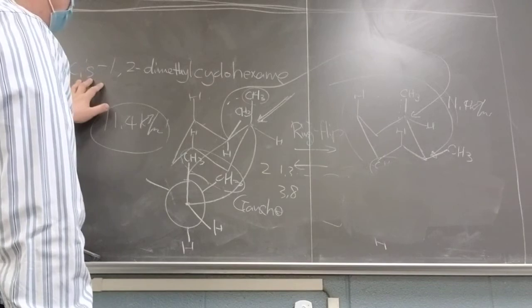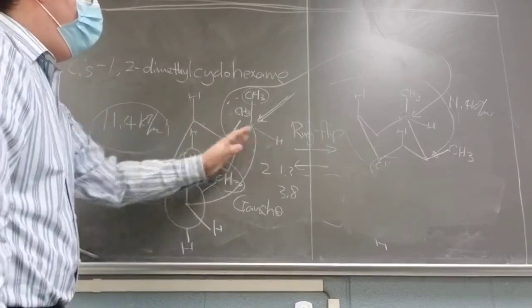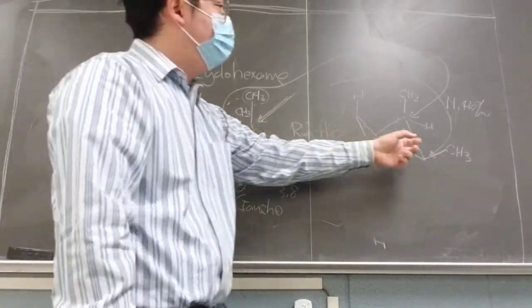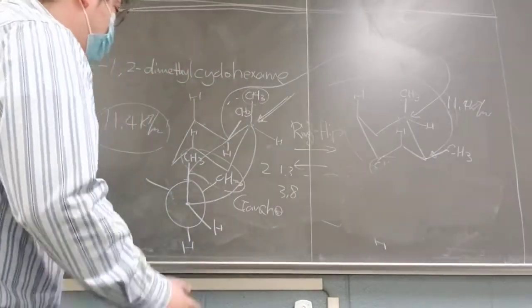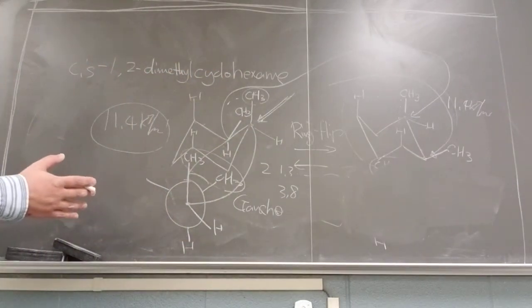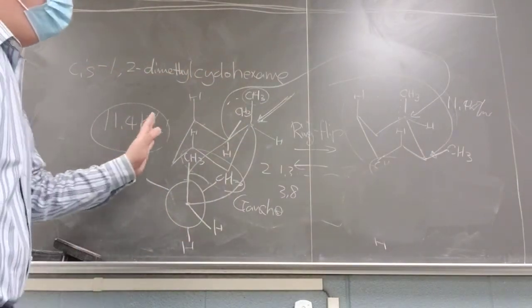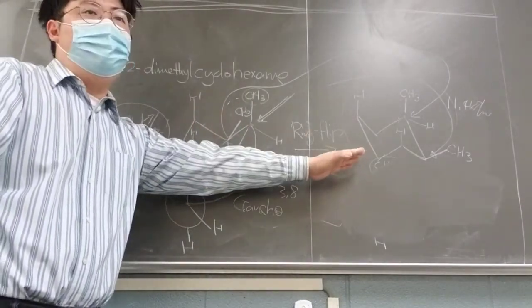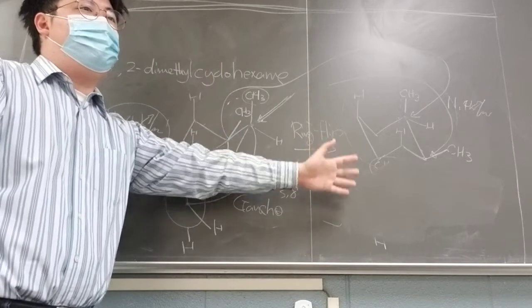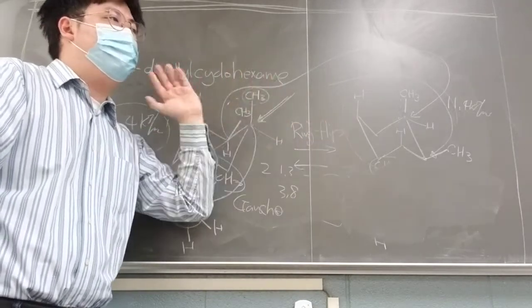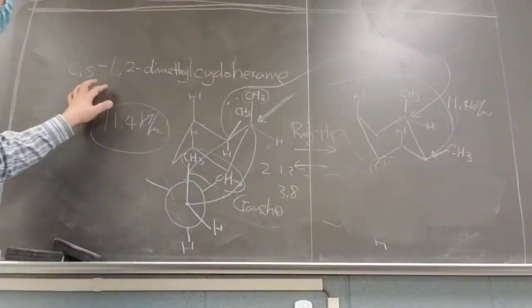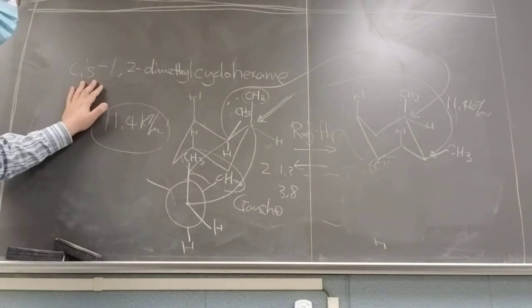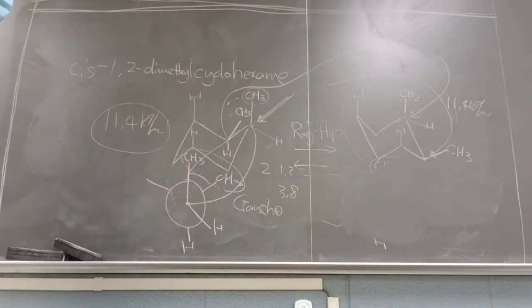But if it's in cis form, either way it's still the same, right? They're going to show the same amount of discomfort anyway, so there's no preference here. They can go either this form or this ring flip, 50-50%, just no preferred form here for cis. Because of the same amount of discomfort they express anyway on either side.